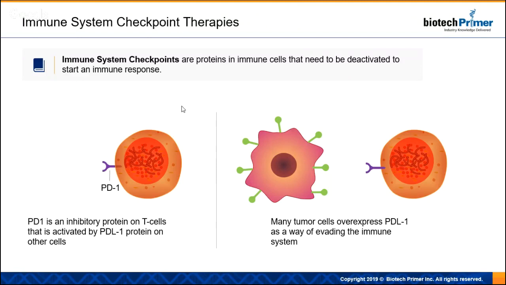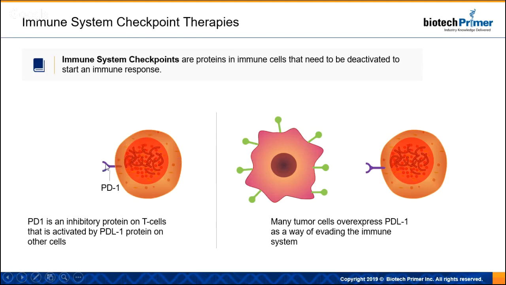But we also have to be careful not to activate it against our own body, or not to activate it when it's not necessary. And so our immune system cells have evolved these things called checkpoints, so that if they start to attack our own tissue, this checkpoint will shut it down. An example of that is the PD-1 protein on the surface of T cells.